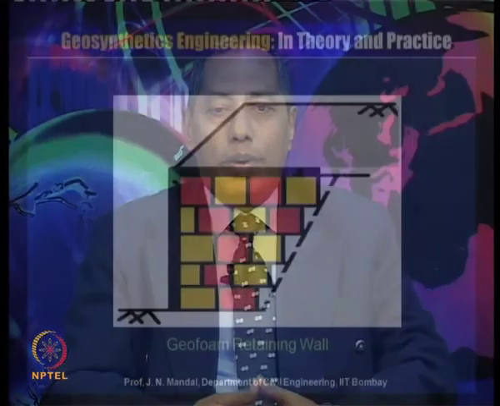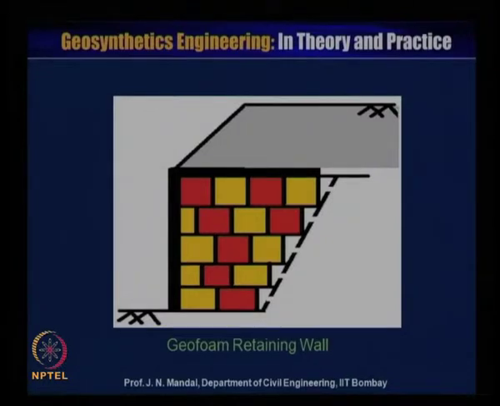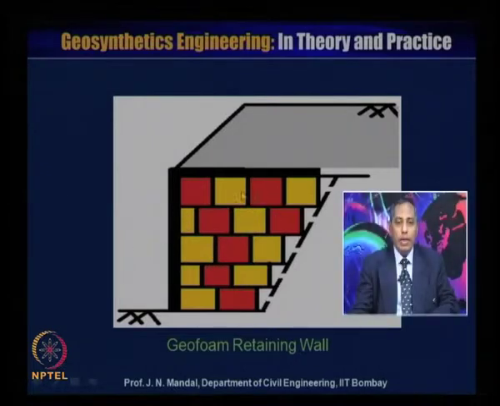This is another example. With geofoam you can construct a retaining wall. So if this is the retaining wall, you don't need to fill up with any other kind of filling material. You can place only this geofoam block, because the lateral pressure will drastically reduce due to the deployment of the geofoam material.